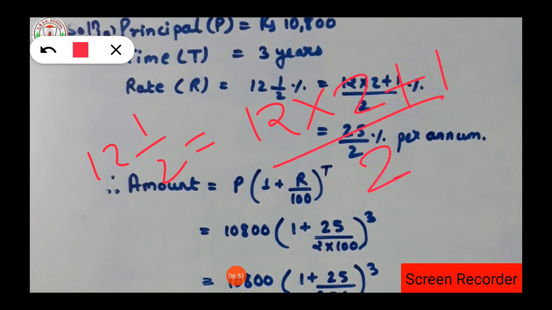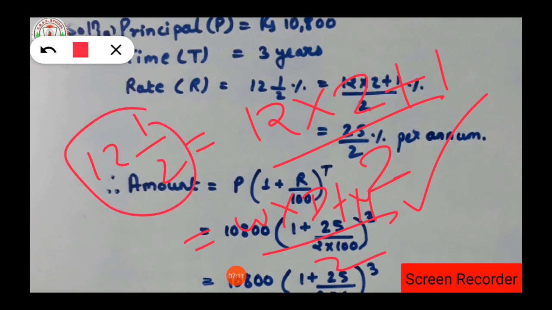The formula to convert a mixed fraction into an improper fraction is whole into denominator plus numerator, divided by the denominator. You people have already studied this formula in class 5 and 6. So we convert this mixed fraction into an improper fraction by doing 12 into 2 plus 1.